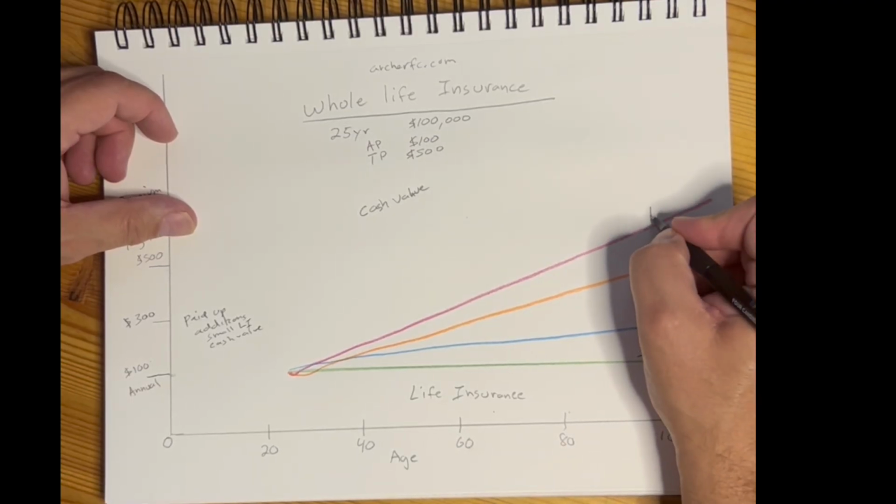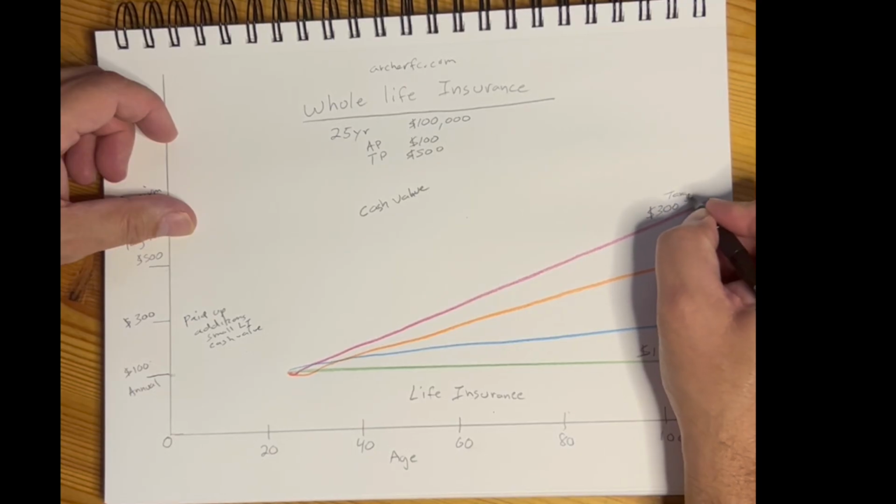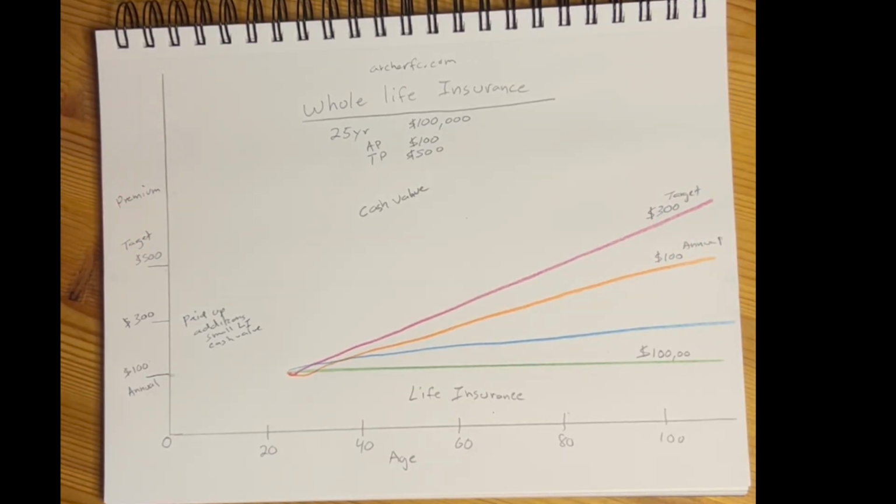This is at like a $300 a month target premium. That's basically how whole life insurance grows money. You can also grow your life insurance during the life of the policy as well.